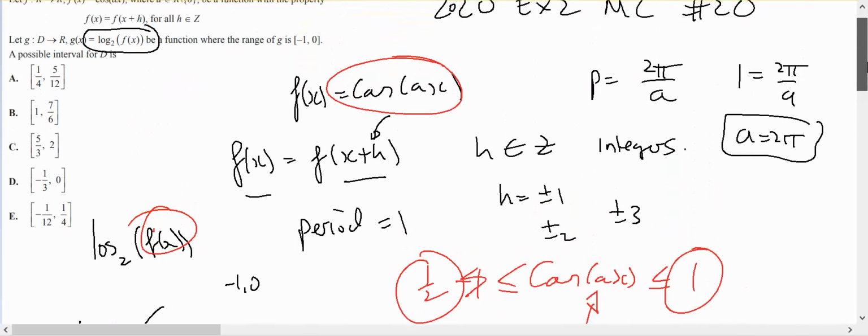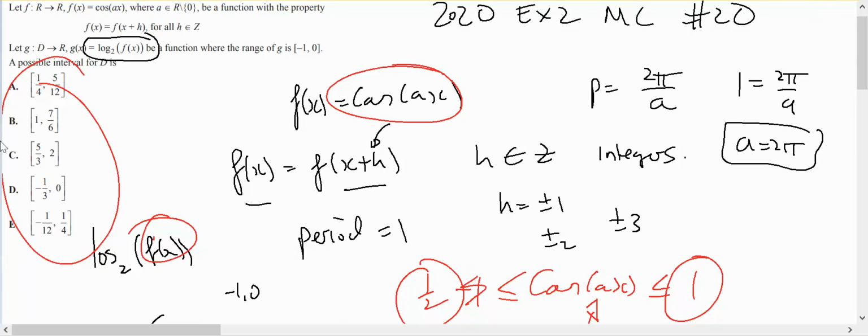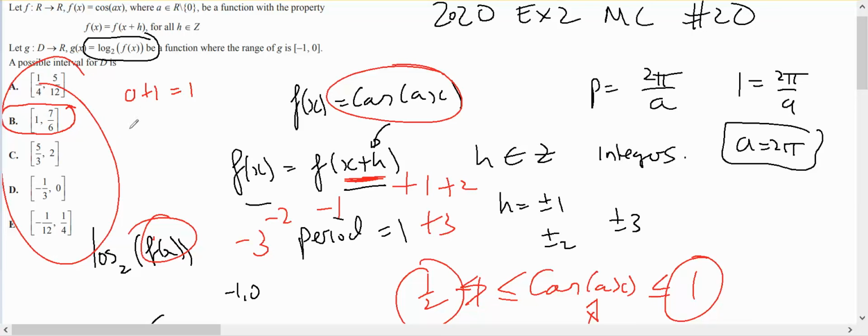Now, since 0 to 1/6 is one possible domain, then any movement of +1, +2, +3, or -1, -2, -3 allows this to work, because 0 plus 1 is 1 and 1/6 plus 1 is 7/6, so 1 to 7/6, considering the slide, will be an appropriate domain.